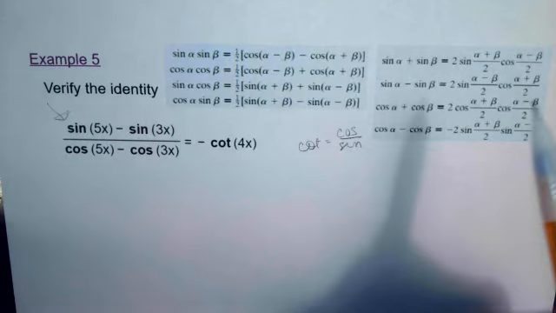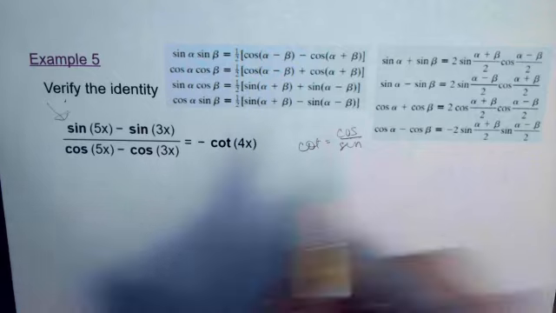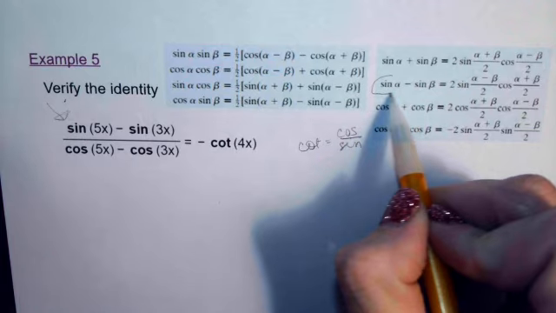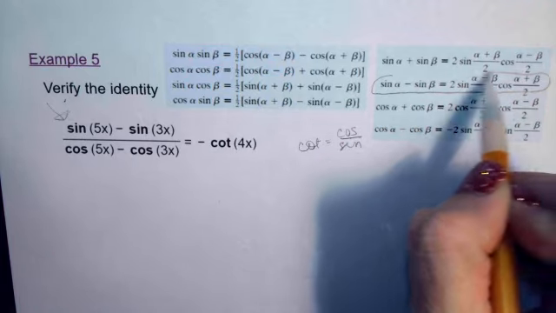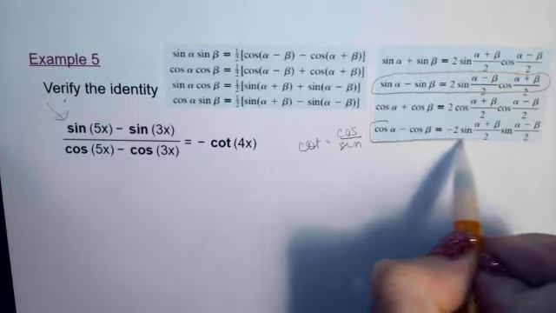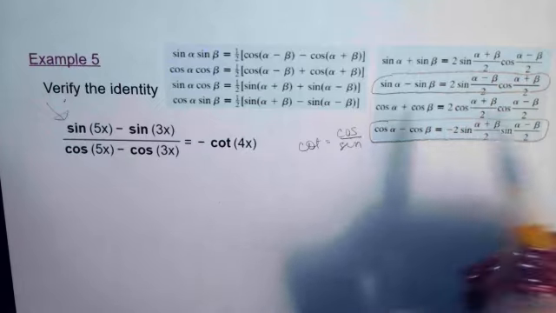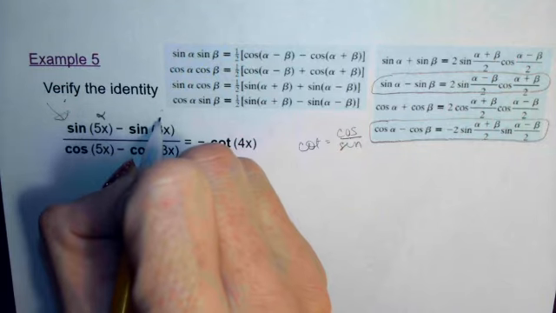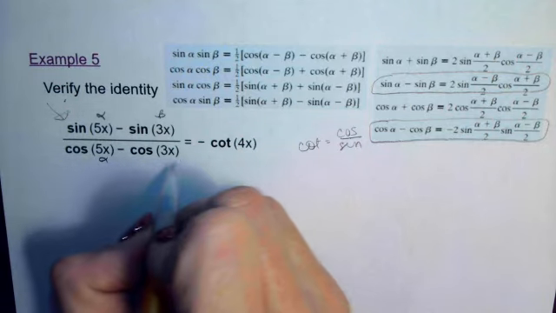All right, so then my numerator is this one, and my denominator is this one. Okay, so this is my alpha, my beta for that first one, and that's my alpha, my beta in the second one.